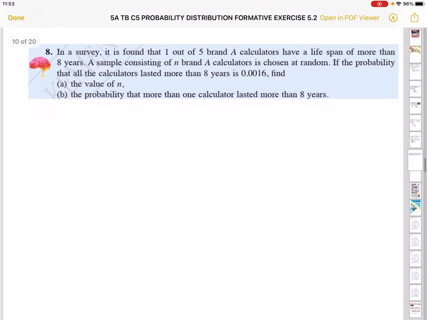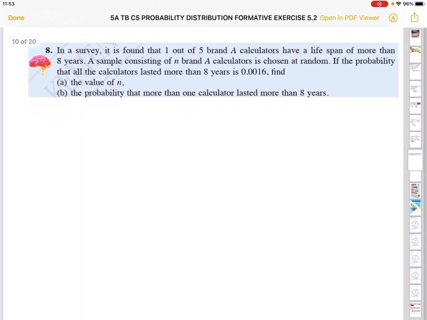All right. In a survey, it is found that 1 out of 5 brand A calculator have lifespan more than 8 years. Right. So a sample consisting of n brand A calculator is chosen random. Find n if the probability that all lasted more than 8 is 0.0016.